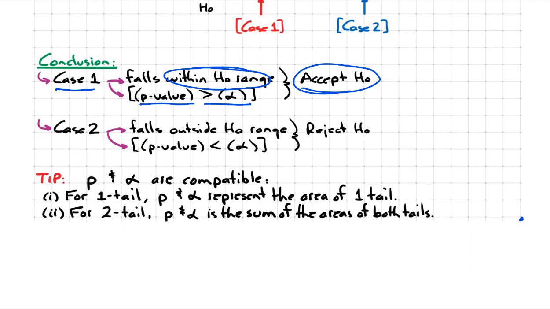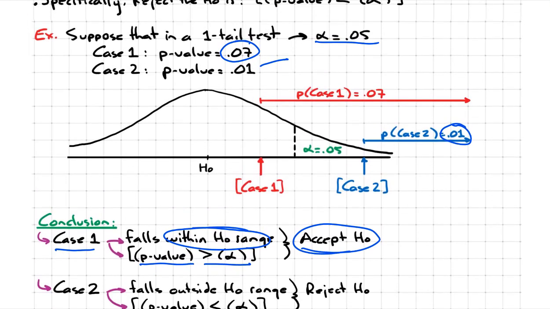Now, tip, the p-value and the level of significance must be compatible. So if you're looking at a one-tail test, p and level of significance represent the area of just one tail. But if you're looking at a two-tail test, then p and level of significance is the sum of the areas of both tails. So in our illustration, we were looking at a one tail. So we're comparing the level of significance for one tail with the p-value for one tail.